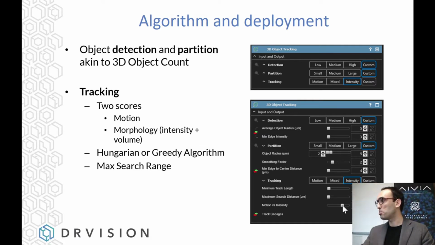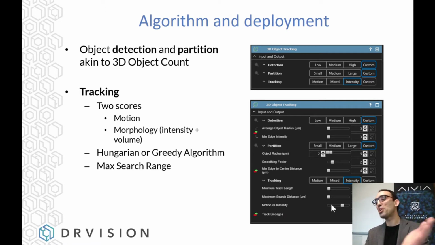If you see that your objects are behaving in a more Brownian motion kind of way, you slide this to the right, and you are essentially almost ignoring the motion part of it. You're using primarily the intensity and the volume, so the morphology score. If, on the other hand, your objects are changing morphology significantly, but their motion is consistent, so it continues the same in different time points, then you can adjust this to the left, and motion will be weighted highly.